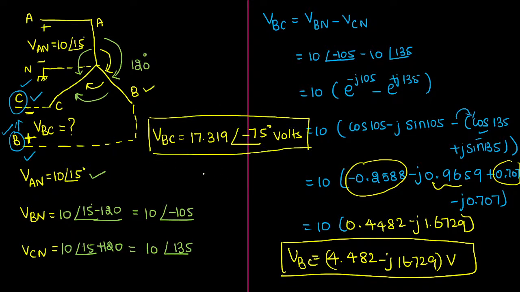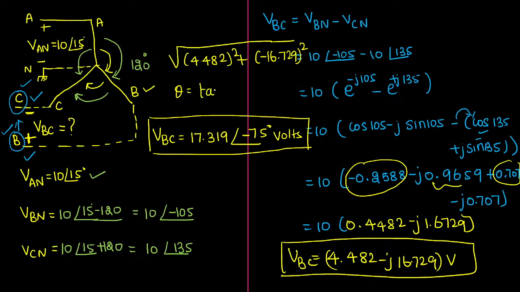How will you calculate the magnitude and phase angle? To calculate the magnitude, the square root of the real part 4.482 whole square plus the imaginary part minus 16.729 whole power 2. This is the magnitude. Phase angle theta equals tan inverse of imaginary by real. You can take that minus outside, since imaginary has minus 16.729 upon 4.482, or you can keep it inside; nothing will be wrong.